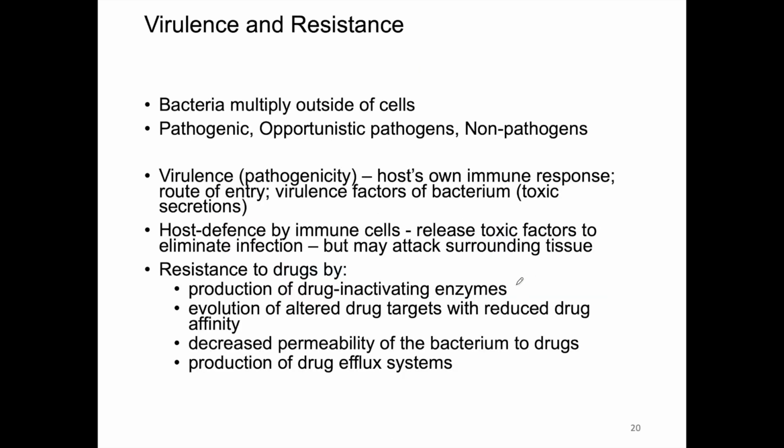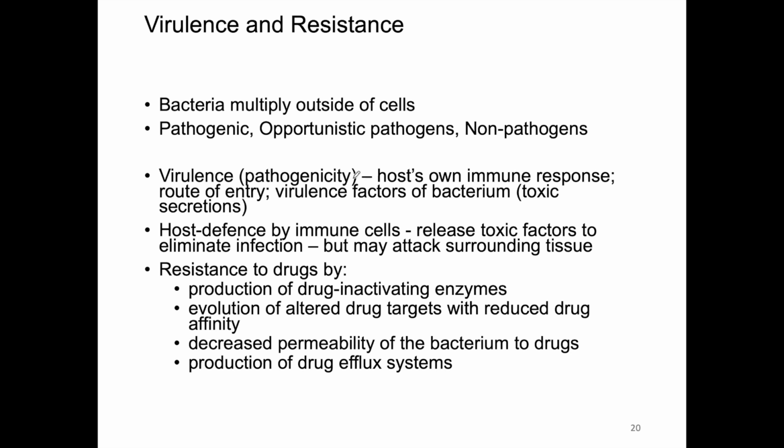Then there are a couple of terms that we have to look at: virulence and resistance. So bacteria multiply outside of cells, and they can be classified as pathogenic, opportunistic pathogens, or non-pathogens. And so the virulence is a measure of their pathogenicity. So how well our own immune system is able to deal with a particular organism.